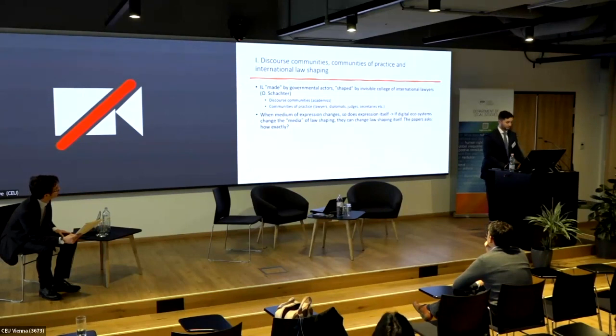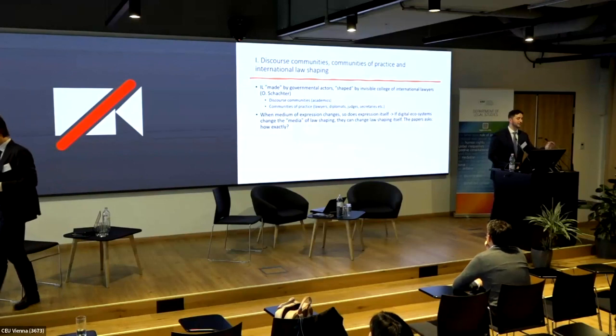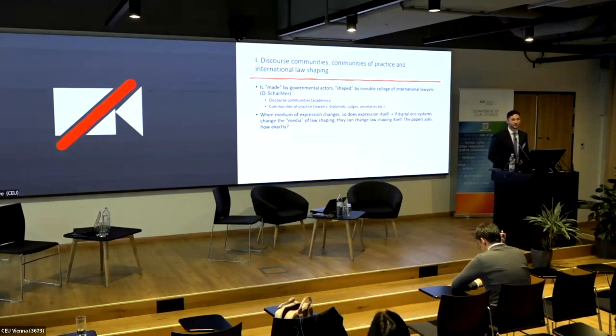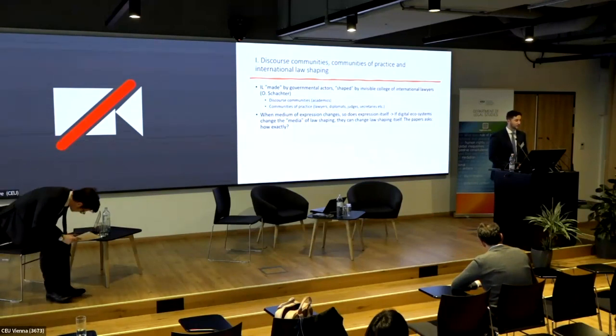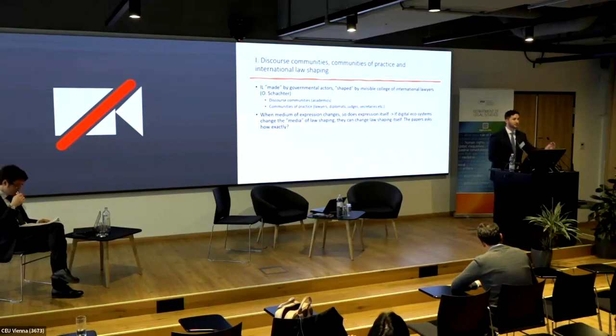So I'll go very briefly through this because it's almost a truism to say that international law is made by governmental actors, but shaped by the invisible college of international lawyers, in Oscar Schachter's colloquial terms, meaning discourse communities, academics, and communities of practice, lawyers, diplomats, judges, secretaries of tribunals, and so on and so forth. Of course, these two categories overlap greatly.